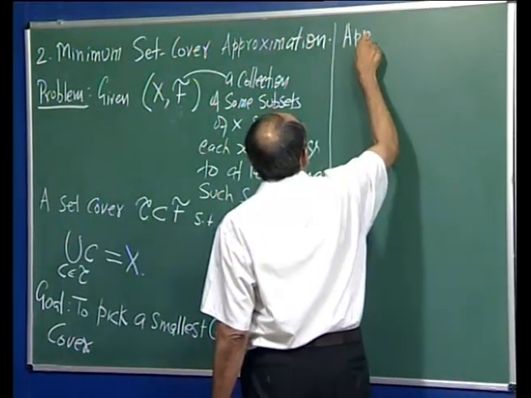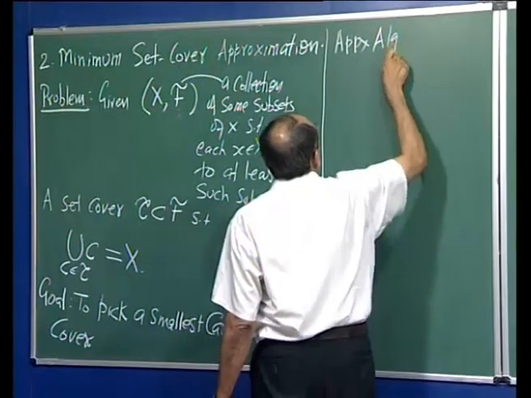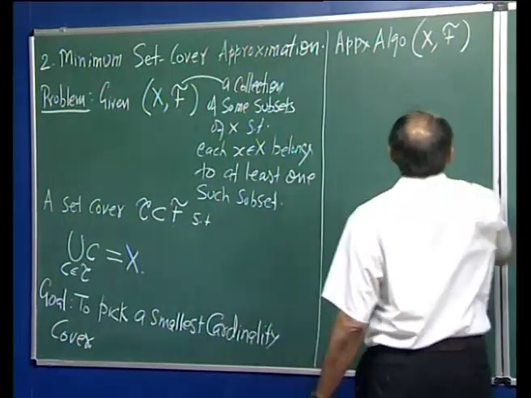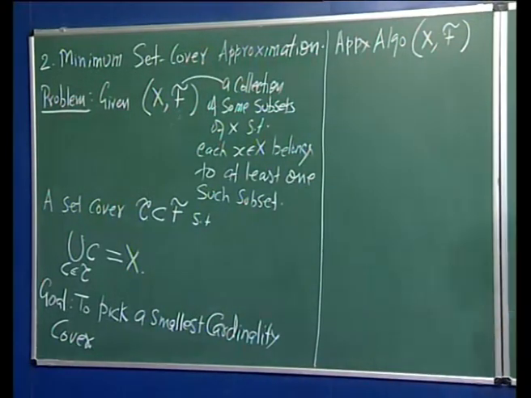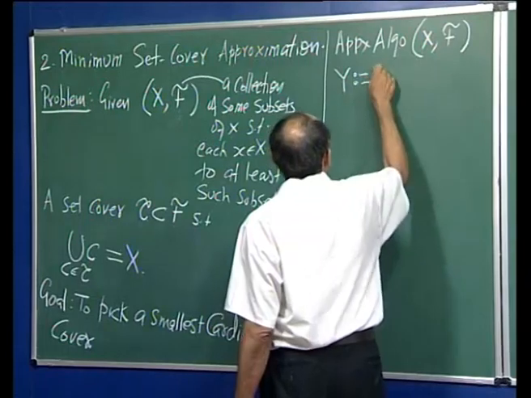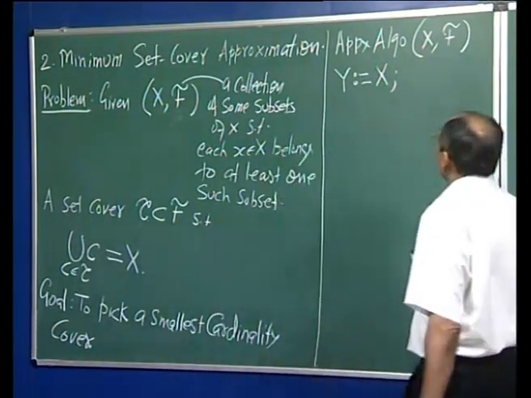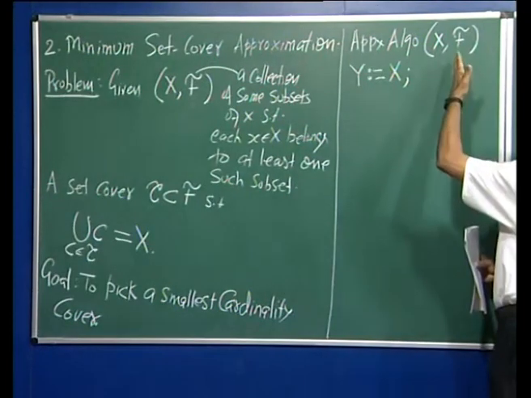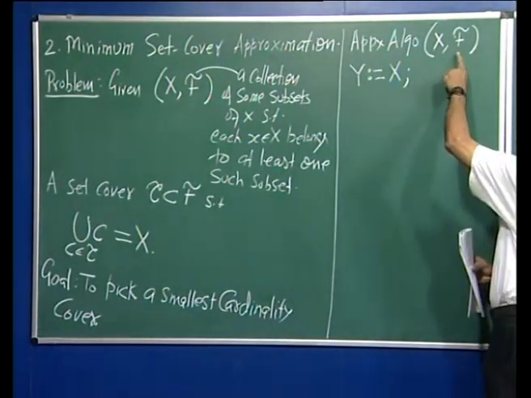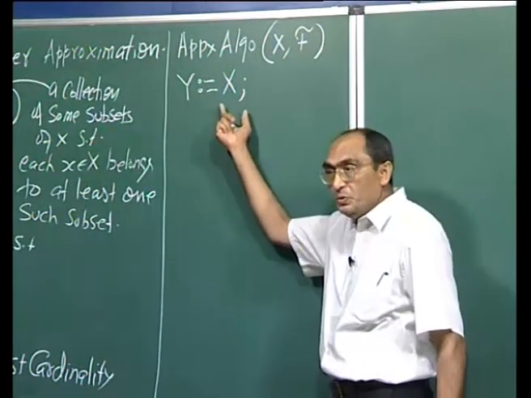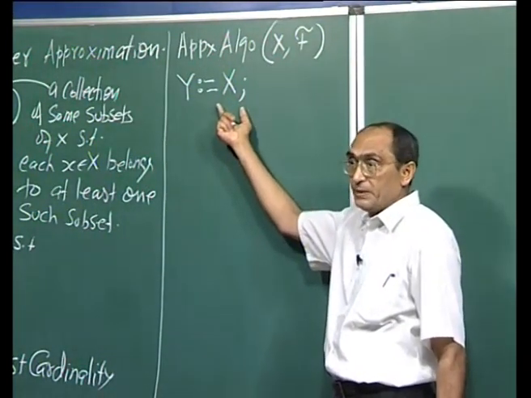Approximation algorithm, given F, a family of subsets of X. I will take Y to be a set variable initialized at X. And the idea is simply to pick, it is a greedy algorithm, that member of F which covers the maximum number of new elements which are not yet covered in the set.